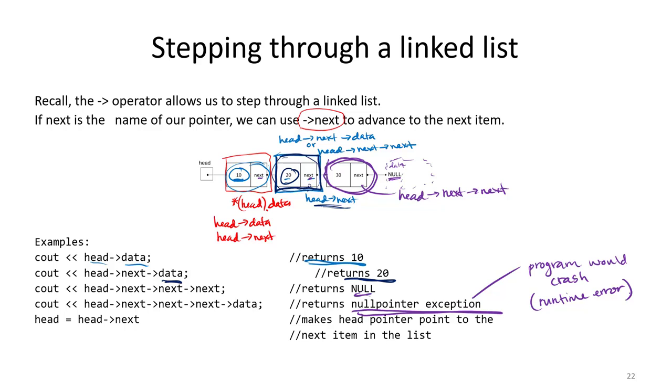If you try to read or write data at memory address 0, you're going to create a runtime error called the null pointer exception. And then this last example is interesting. Head equals head arrow next. That would make our head pointer point to the second node, or to the next item in our linked list.